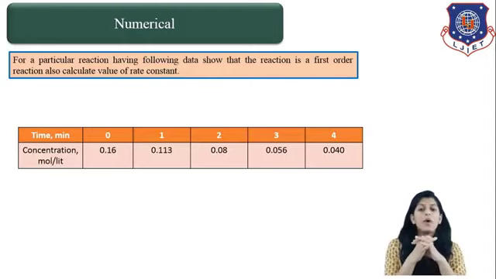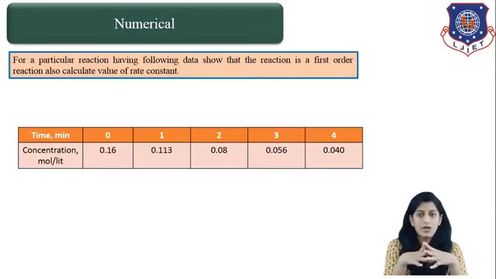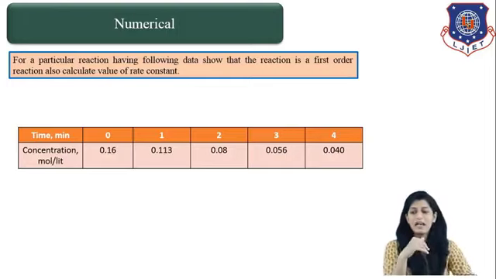So the problem provided to us is: for a particular reaction having the following data, show that the reaction is a first order reaction and also calculate the value of the rate constant. So what is the problem provided to us? For any given reaction we have been provided with the data, as you can see in this table, right?